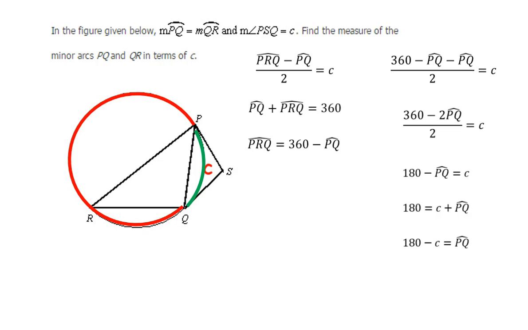So then I get 180 minus C equals arc PQ. So that means that minor arcs PQ and QR in terms of C is 180 minus C. And since I've solved for PQ, this green arc here, I have also solved for QR, because those two things are exactly the same.